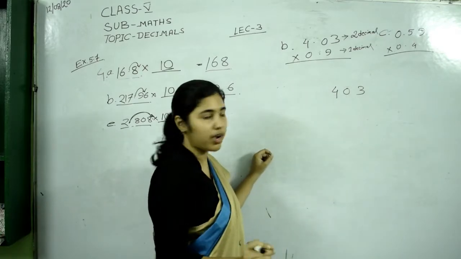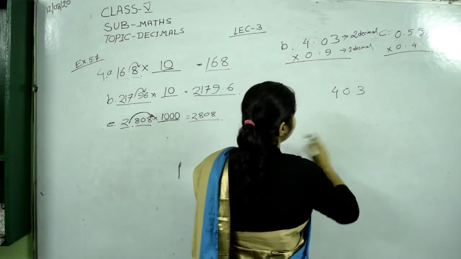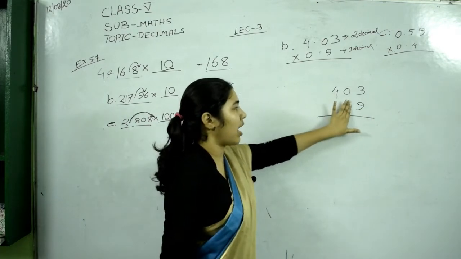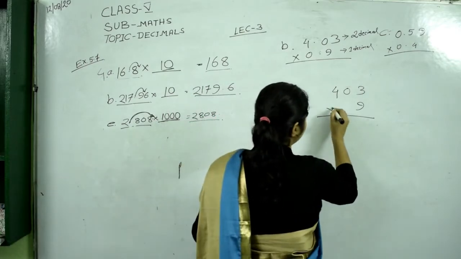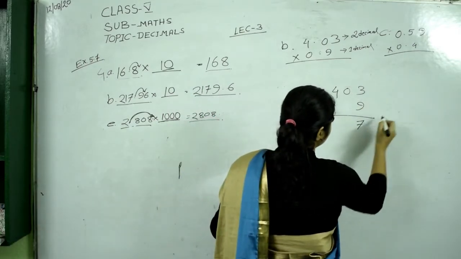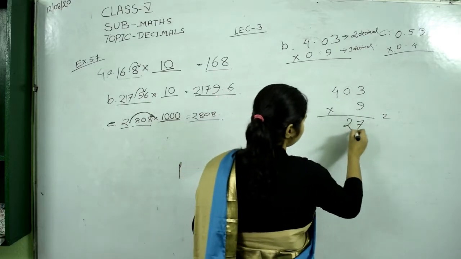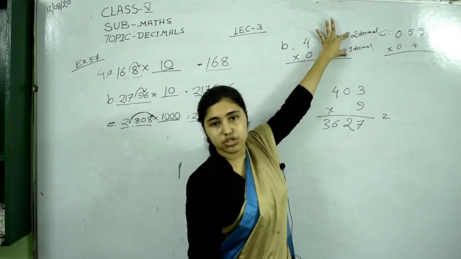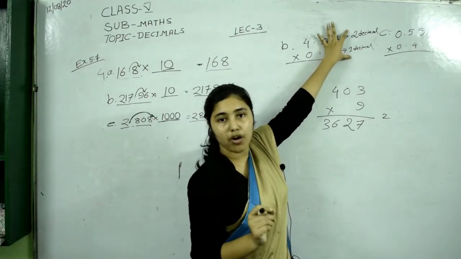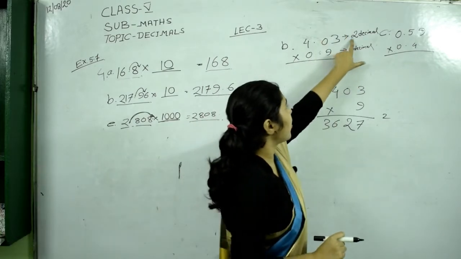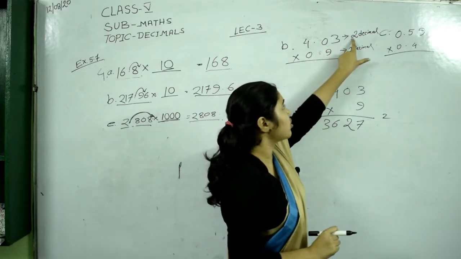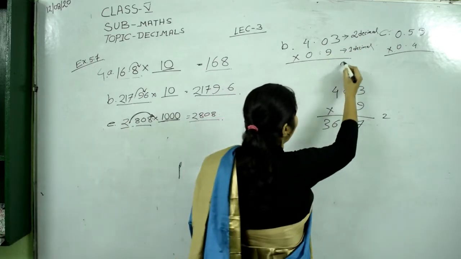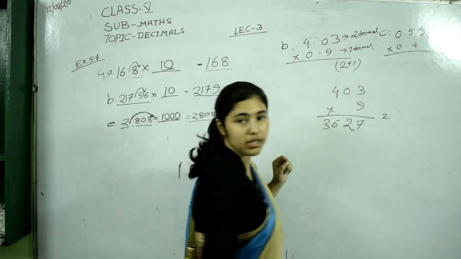Now, consider 4.03 as the whole number 403, and 0.9 as 09, which means 9 only. Now multiply. Now add the number of decimal places. In our first number we have 2 decimal places, and in our second number we have 1 decimal place.